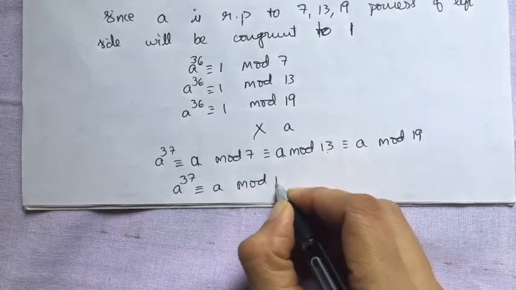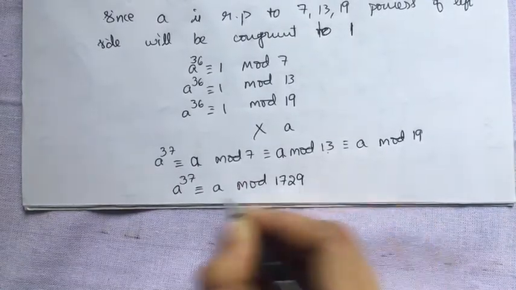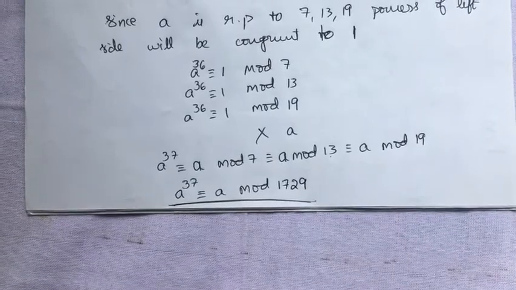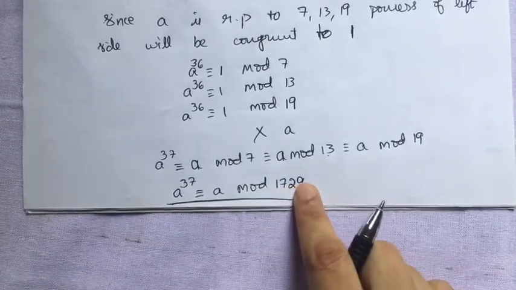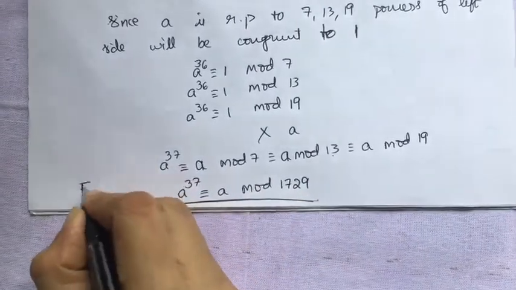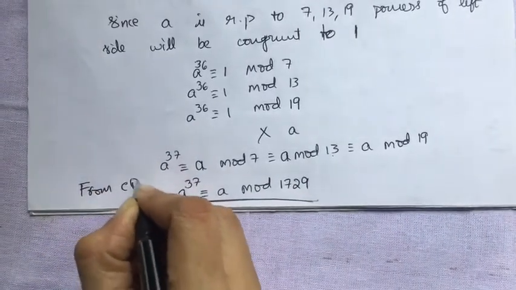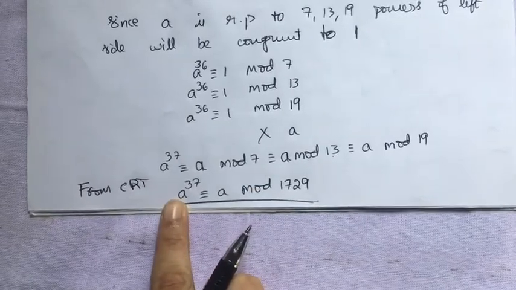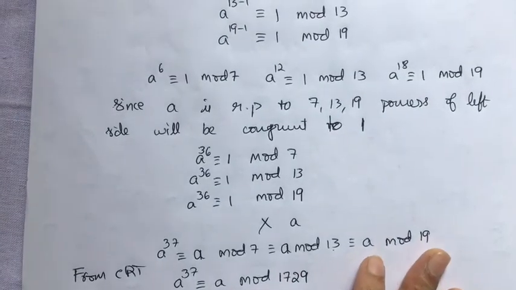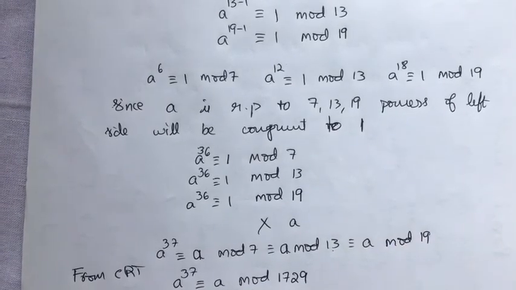So from the Chinese remainder theorem, we can write a power 37 is congruent to a mod 1729.